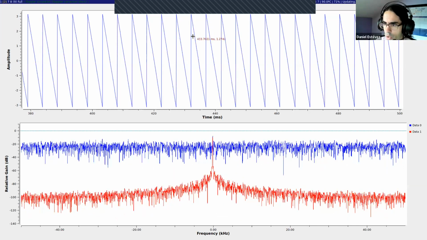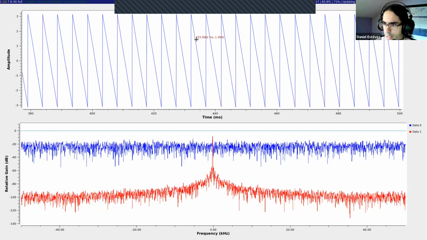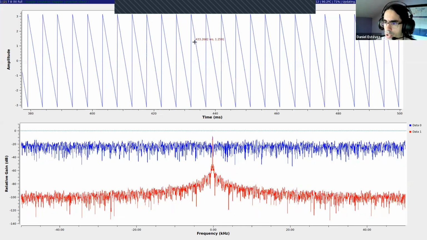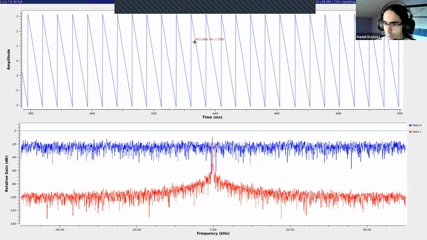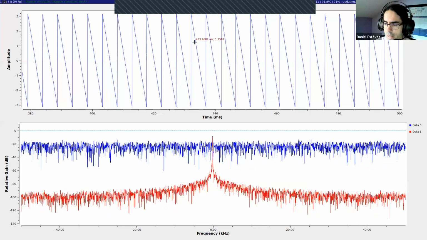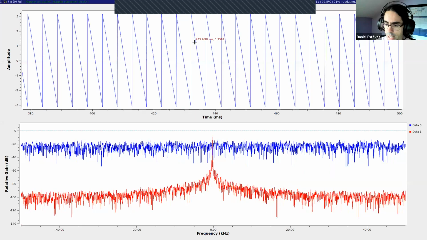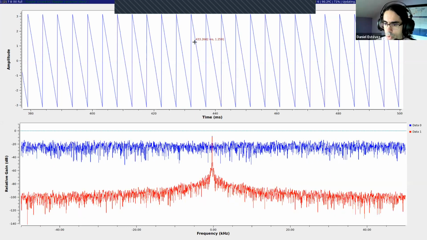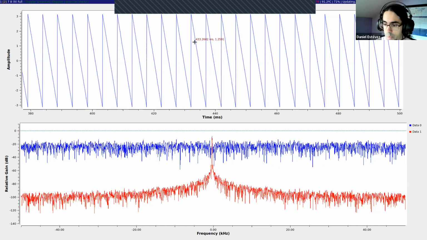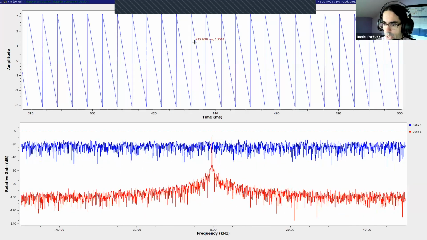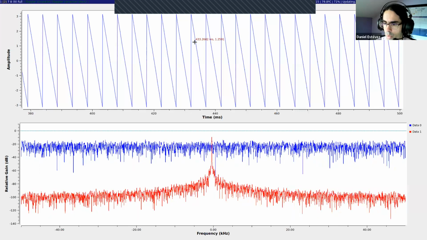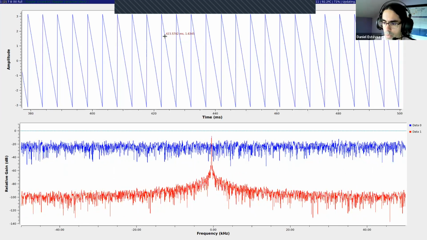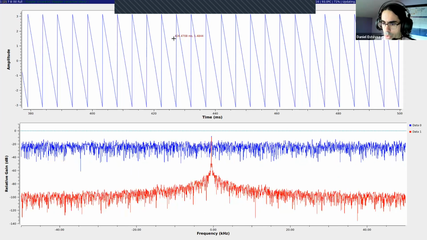By counting like so, I can make an unwrapped phase measurement. And then by measuring the unwrapped phase between 2 moments in time, and remember phase is like distance, so dividing the distance between 2 moments in time by the time elapsed, we get velocity. So in the same way, dividing phase between 2 moments in time by the time elapsed, we get the average frequency between those 2 instants.